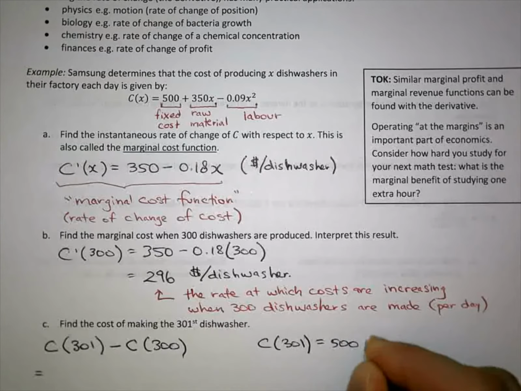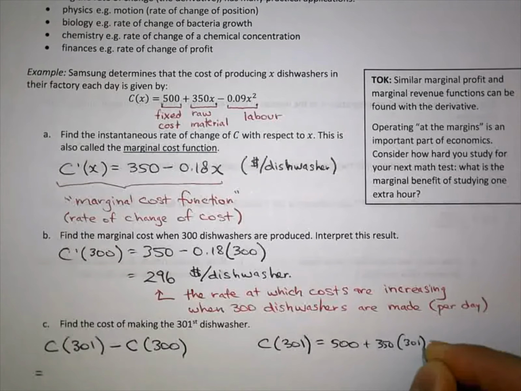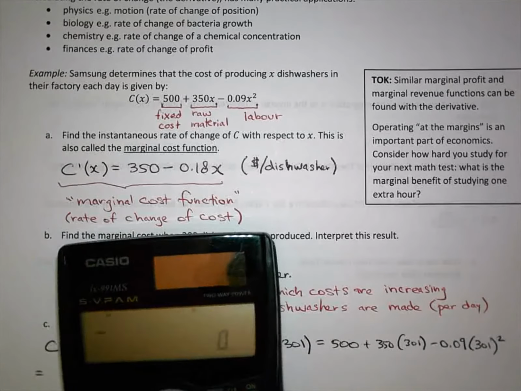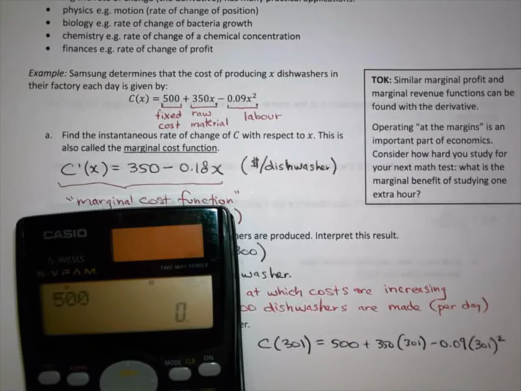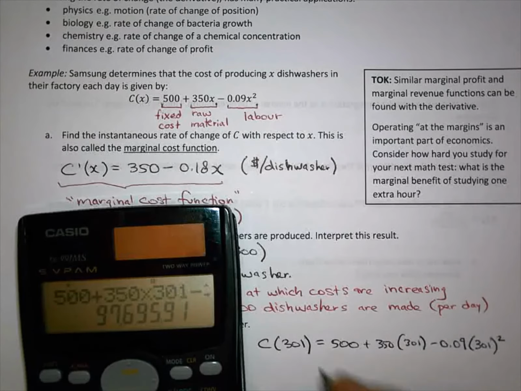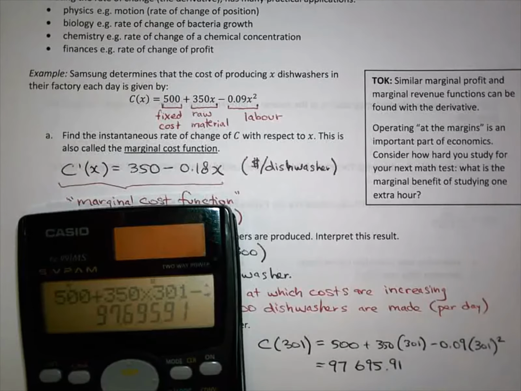So I have 500 plus 350 times 301 minus 0.09 times 301 squared. And that gives me 97,695.91.